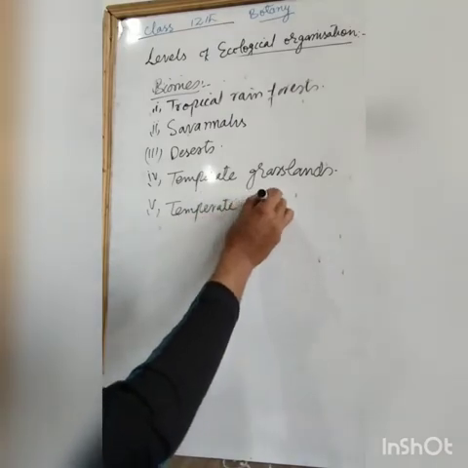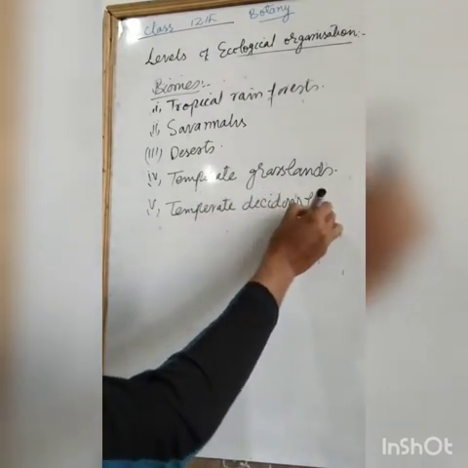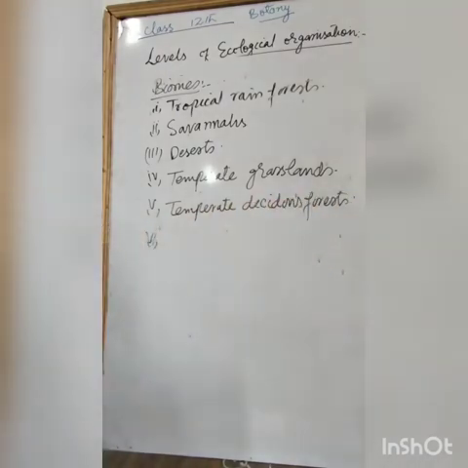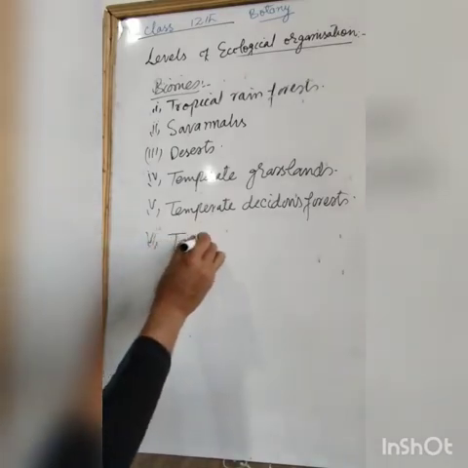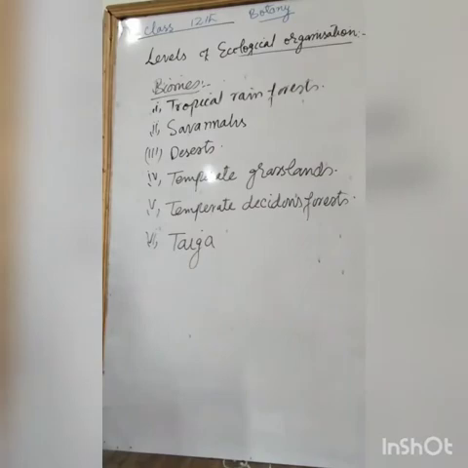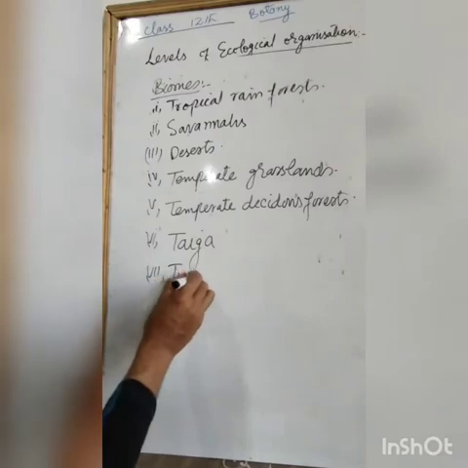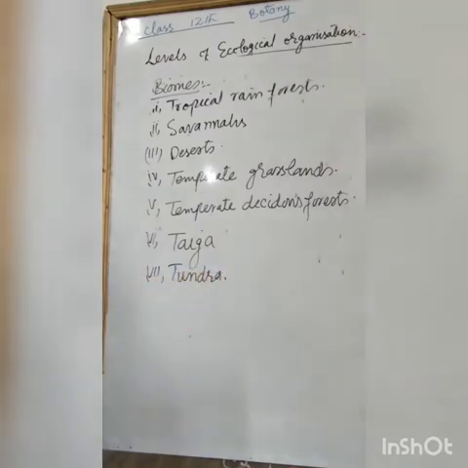There is another, taiga, and there is tundra. These are major biomes, rather terrestrial biomes.